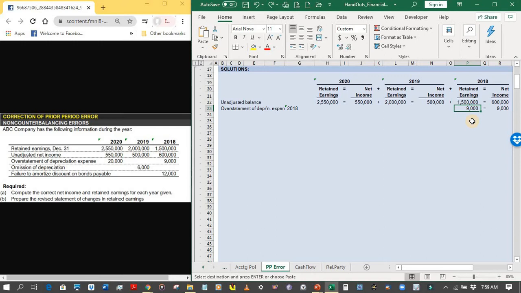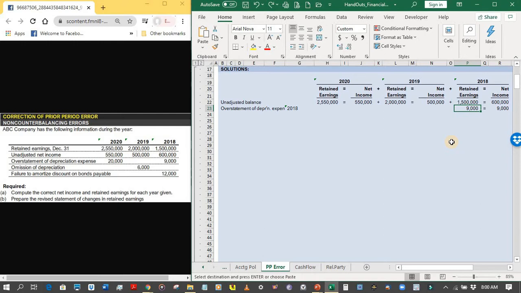However, since the error is only discovered in 2020, it means that the retained earnings are all incorrect and are understated by 9,000 pesos. So the 2 million retained earnings is understated by 9,000 pesos, as well as the 2,550,000 pesos retained earnings at the end of 2020, because the 600,000 net income in 2018 that was understated by 9,000 is included in the 1.5 million, in the 2 million, as well as in the 2.55 million ending retained earnings.